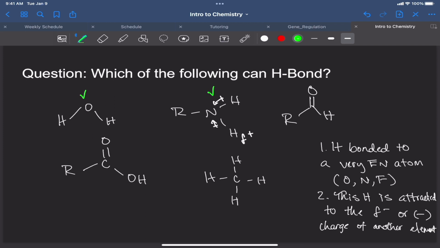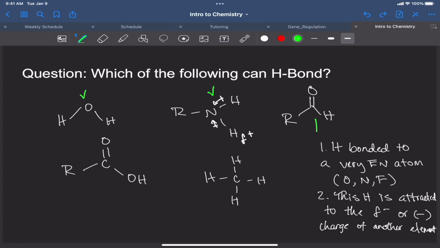Now, how about an aldehyde? Well, this one's kind of tricky. How is this hydrogen going to respond? That would be kind of crazy. In OChem, you'll learn if it does or if it doesn't. But for us, that would be kind of difficult.